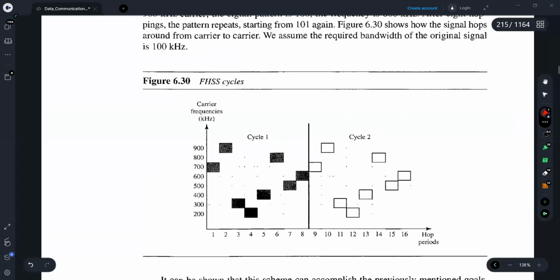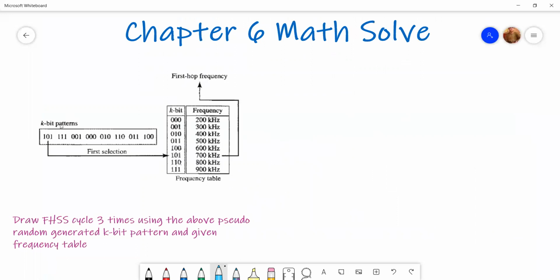First of all, you will have a k-bit pattern, which is a binary bit pattern, so there will be only 0s or 1s. Can you find what the value of k is? The number of frequency selections should be 2 to the power k.